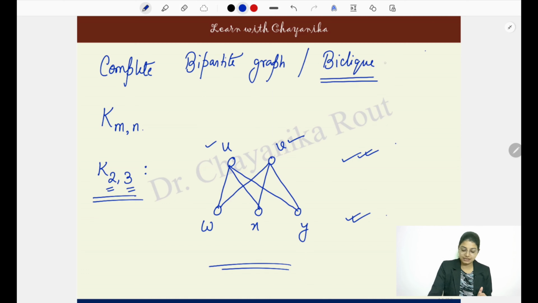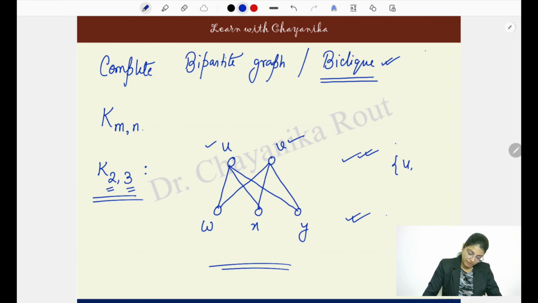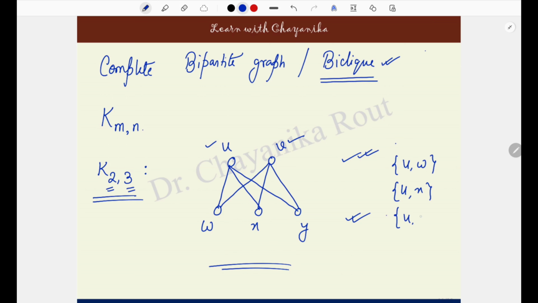So now let's discuss why a complete bipartite graph is also called biclique. Now what is a clique? In the last lecture we discussed that a clique is a set of pairwise adjacent vertices. Now in a complete bipartite graph, you will find only cliques of size 2. See, UW is a clique, UX is a clique, UY is a clique, VW is a clique, VX is a clique and VY is a clique.